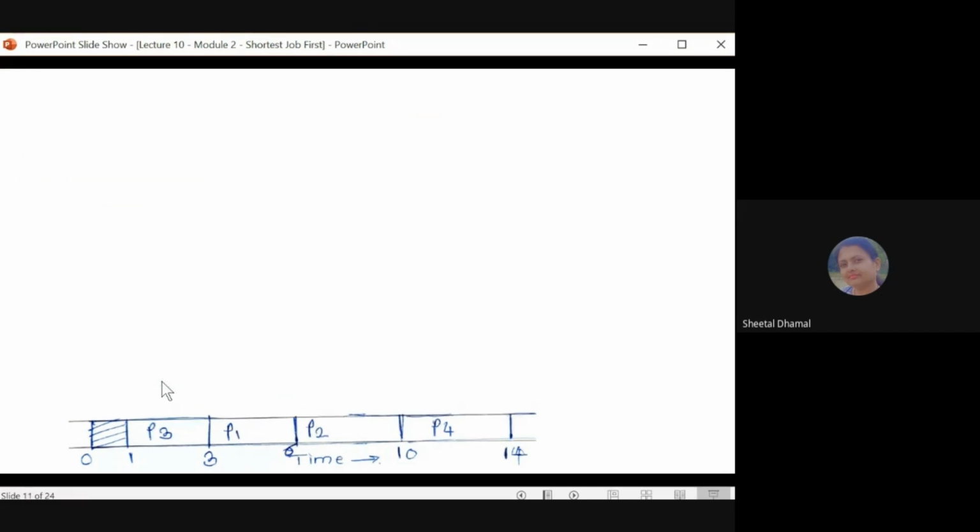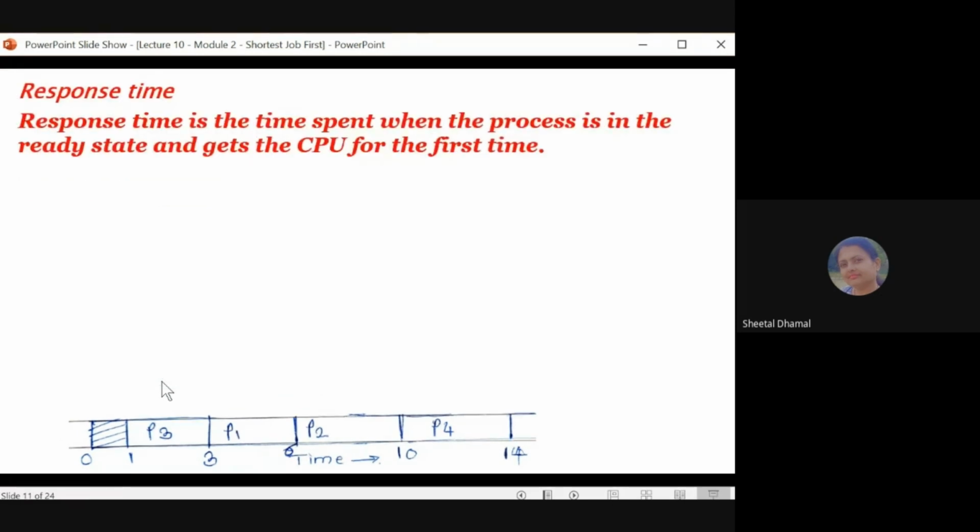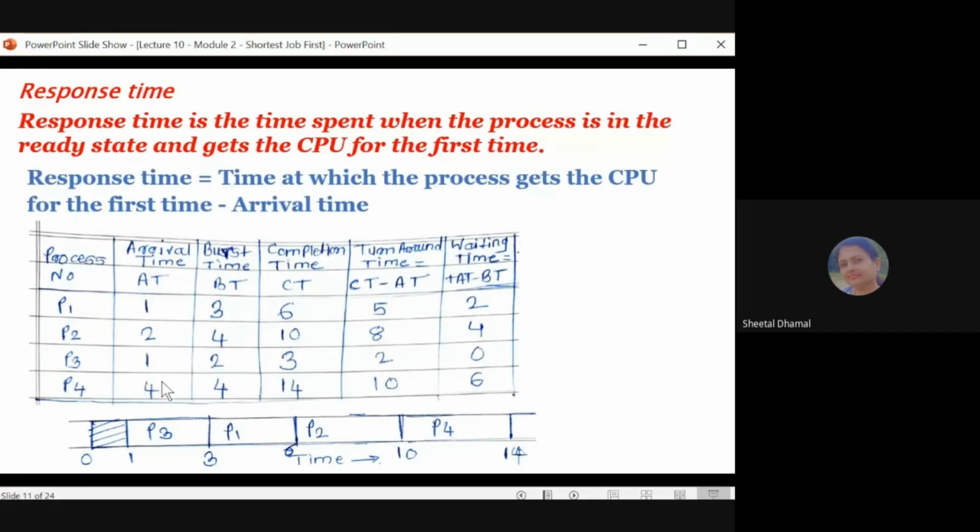Okay. After that, the next one is the response time. And this thing is very important. So what is the response time? It is the time spent when the process is in the ready state until it gets the CPU for the first time. Okay. So how can we calculate the response time? Similar to the waiting time. It is the time at which the process gets the CPU for the first time minus arrival time, because this is the non-preemptive approach.